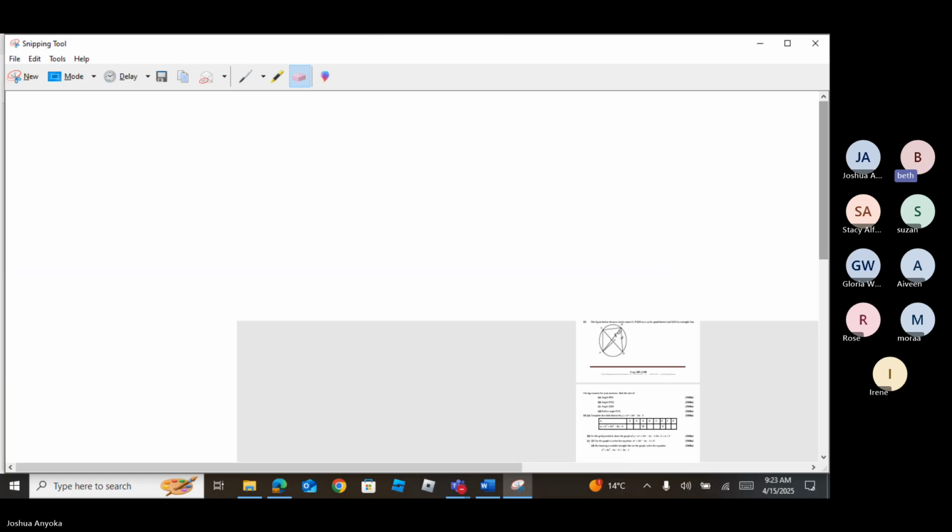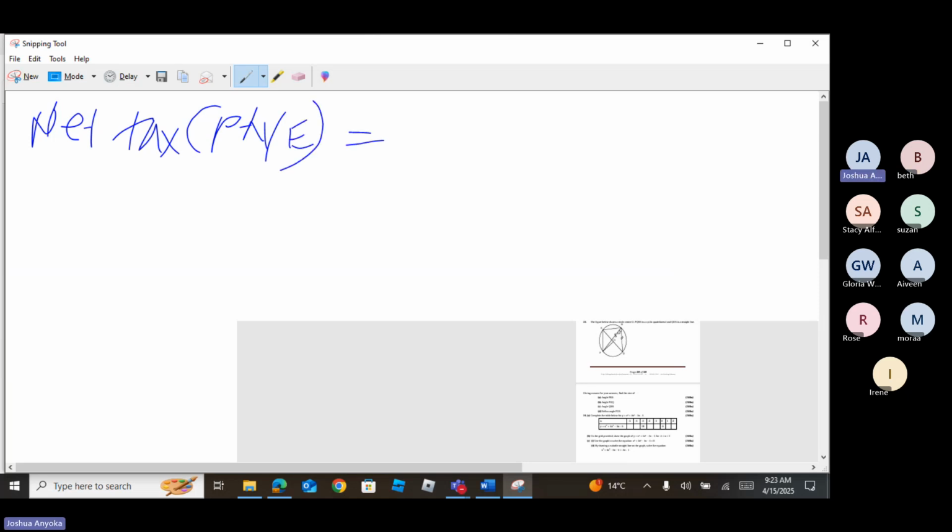In that year, Mr. Hamisi paid a net tax of 5,512 shillings per month. This is PAYE.